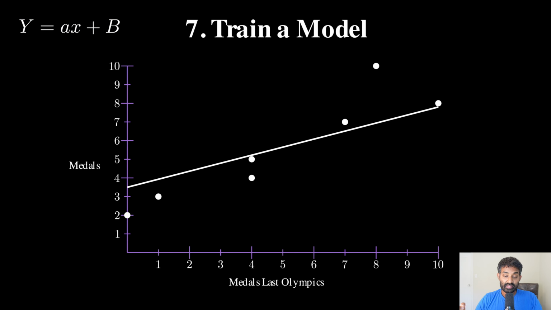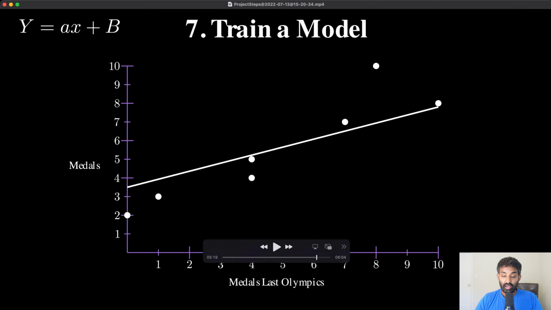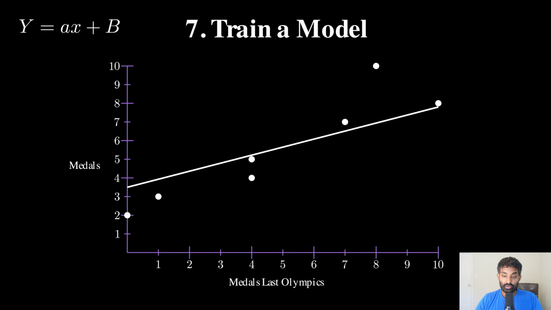And we can use this line to predict data that we haven't trained it on. For example, if a country got 6 medals in the last Olympics, we can look at the line and see that that corresponds to about 6 medals in this Olympics. So we would predict that that country would get 6 medals in the current Olympics.